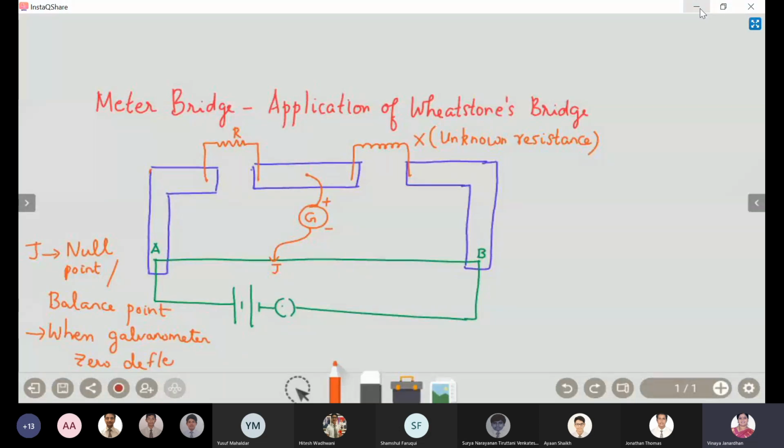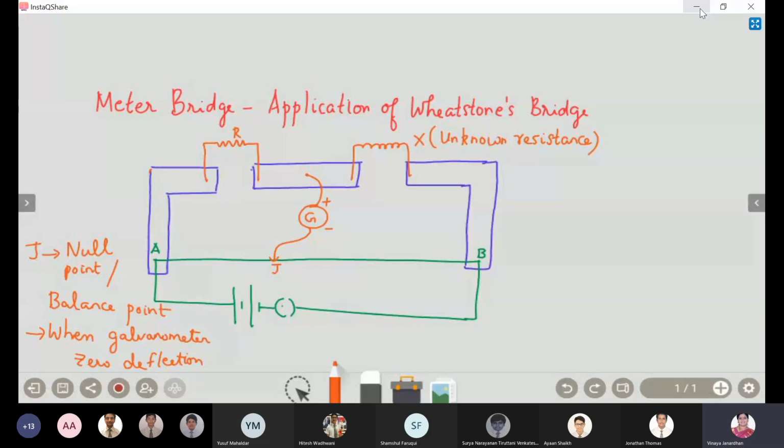You have to keep the metal contact, the jockey, sliding over the wire. Move the sliding contact over the wire, say to point J, all along the wire.